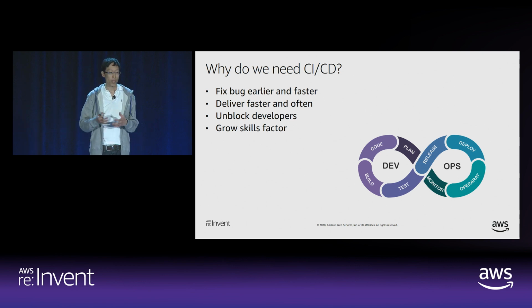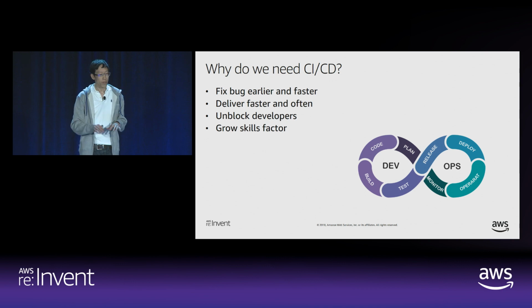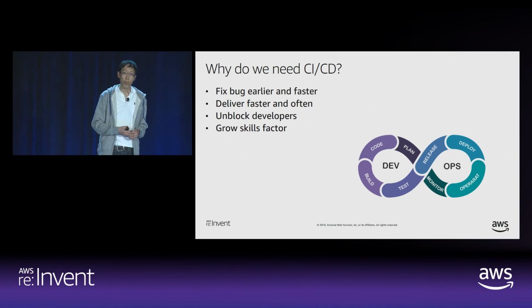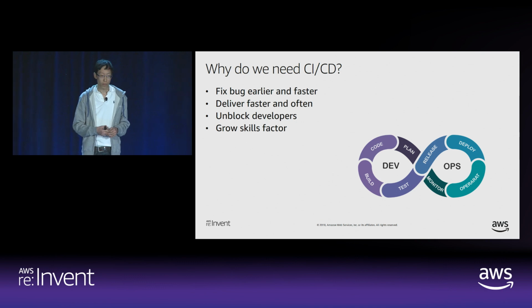If they have a waiting process, they don't like that. So it unblocks the developers and helps you grow skills. DevOps is a process and a culture in your company, in your enterprise and startup cultures, that makes your development iteration processes agile.